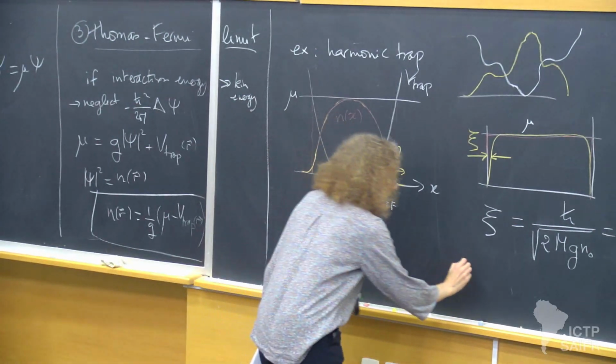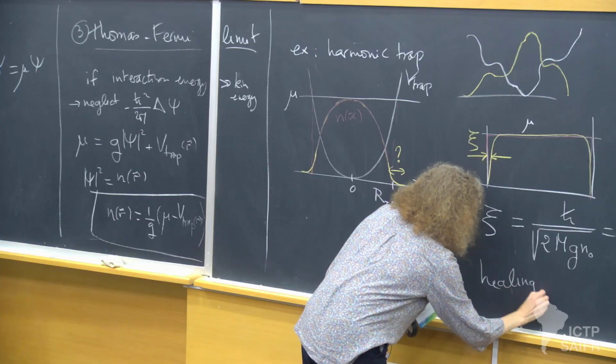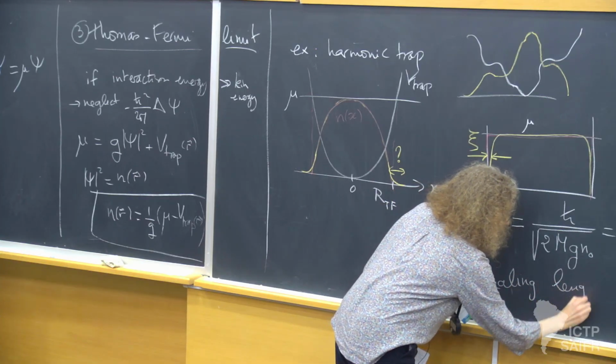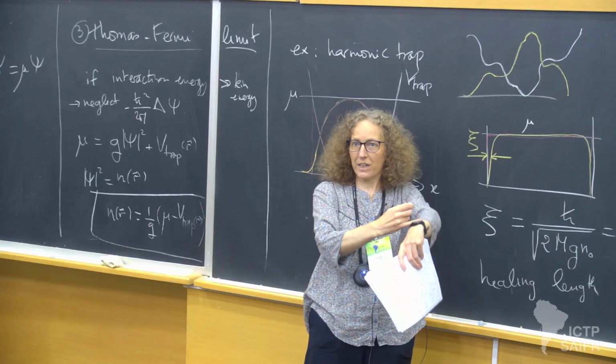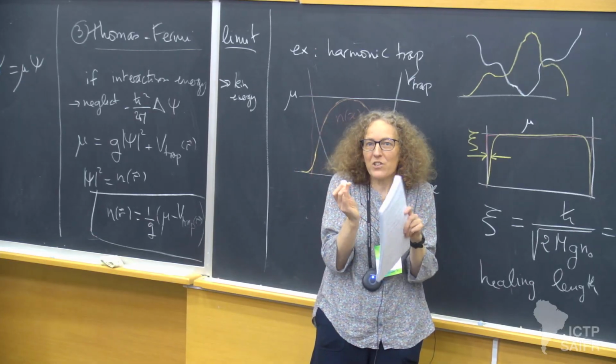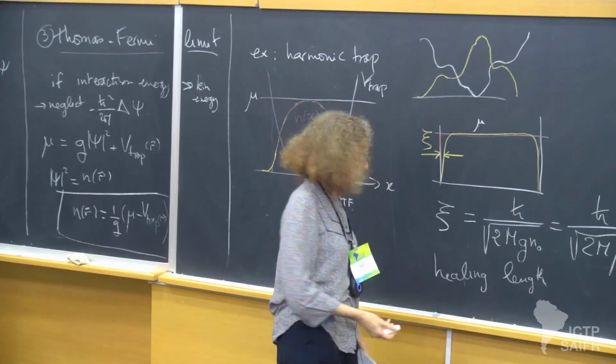And so this is called the healing length. A heal is when you hurt yourself, okay? And healing length is the length over which the condensate recovers from the hole it has somewhere.